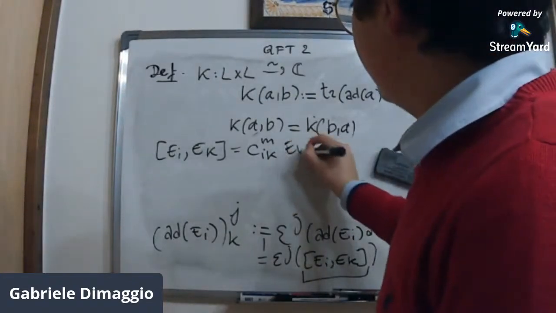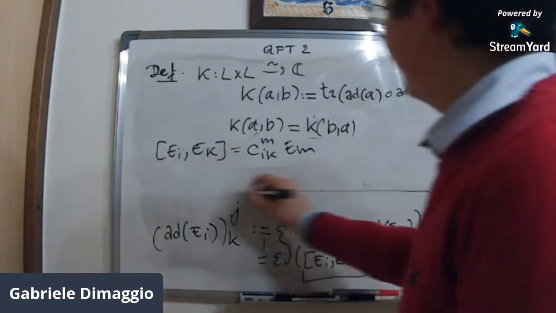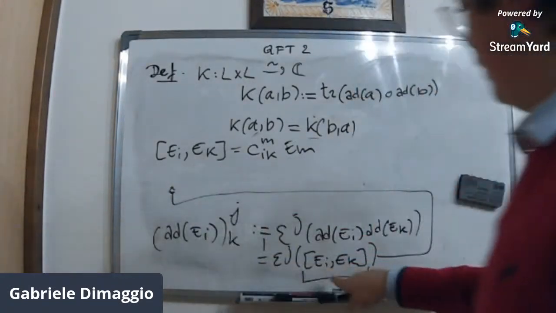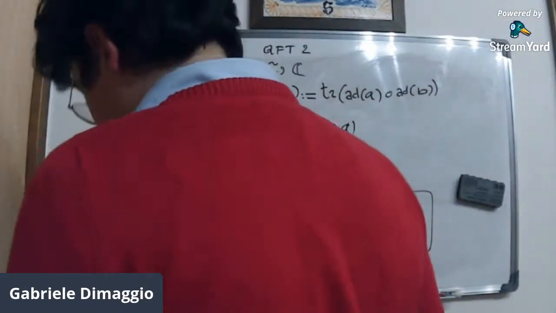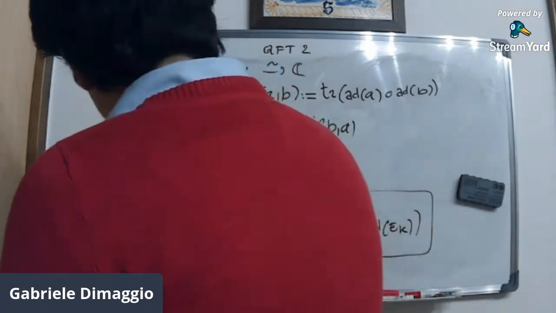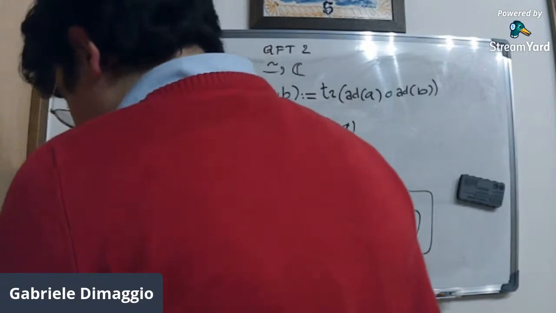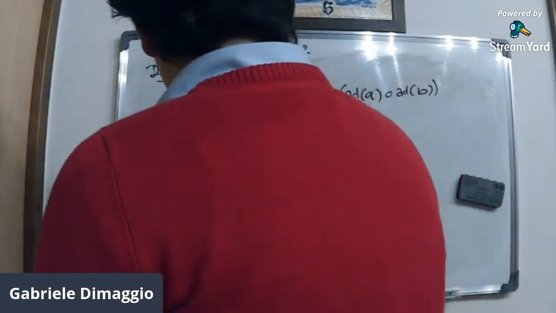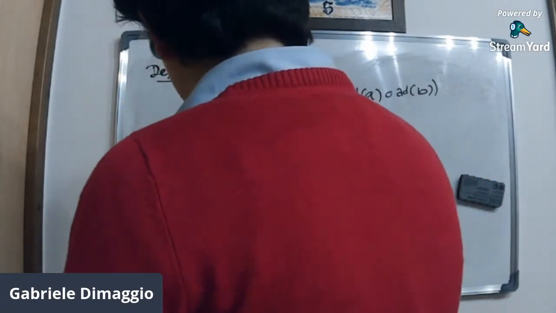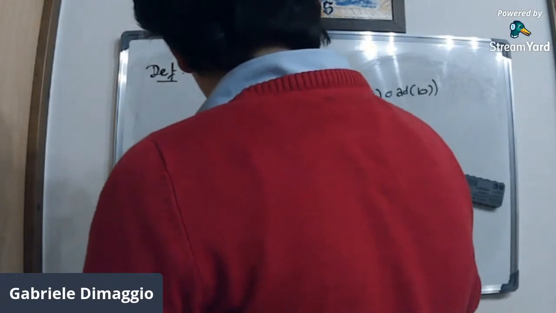And so this is something that I can now write as e^j applied to [e_i, e_k], and so this is equal to c^m_ik times this.